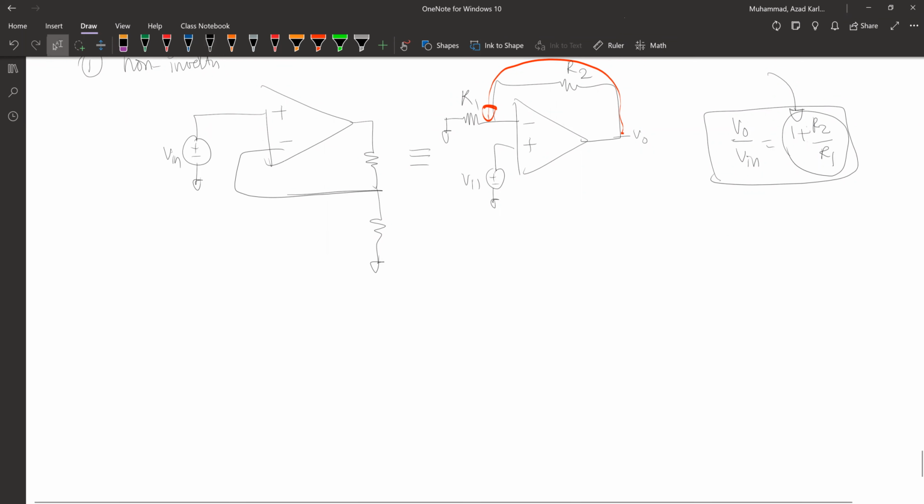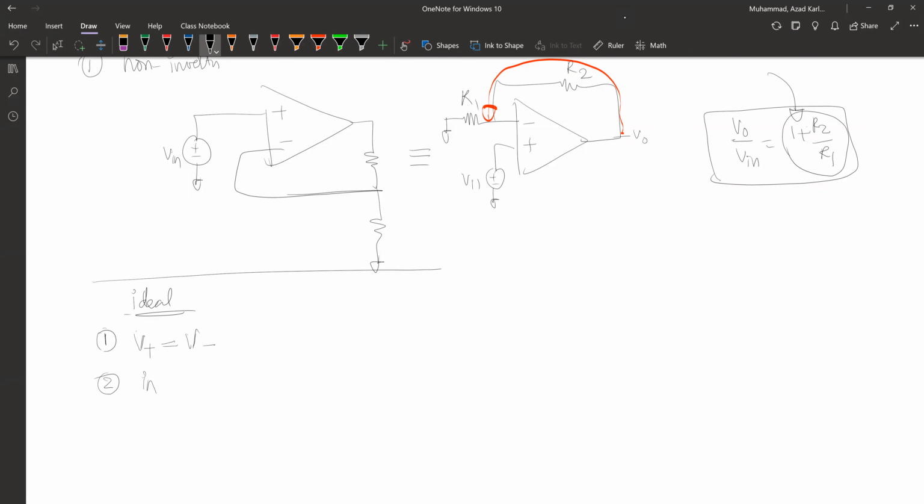Once we say that the op amp is non-ideal, the assumptions that we have for the ideal op amp change. For an ideal op amp with a feedback loop, the first assumption is that V plus and V minus have the same voltage, correct? Second, the input current is 0. And third, the gain is constant and very large.